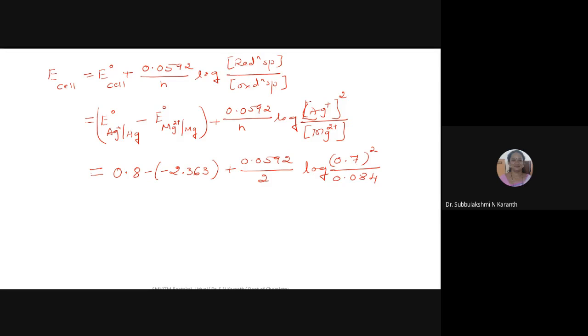Either you can write log a to the power 2 by b, or 2 log a by b. Anyway, you can write it either way.